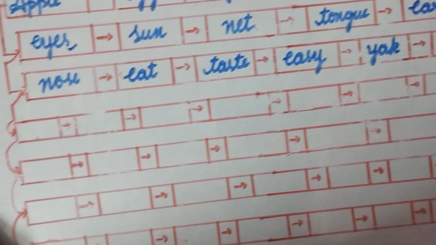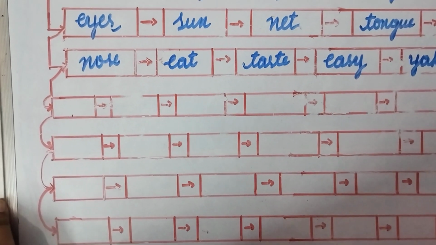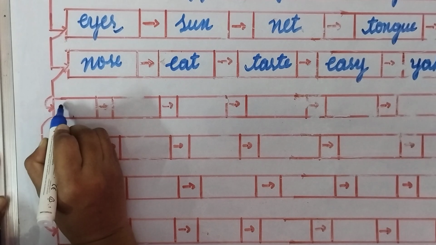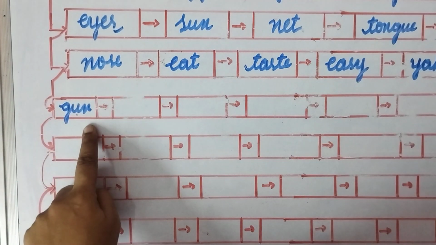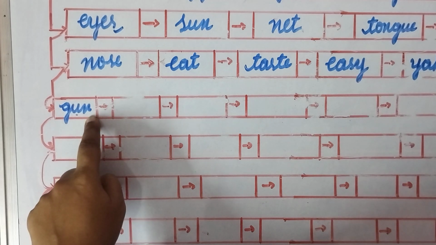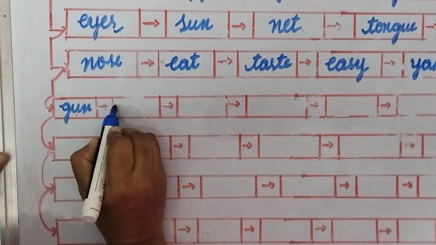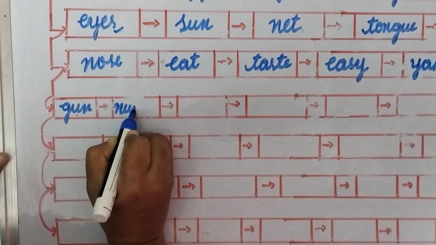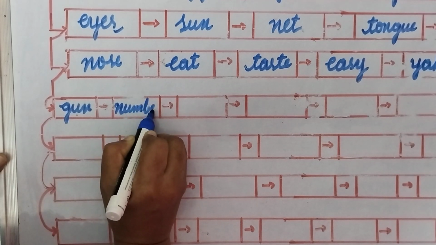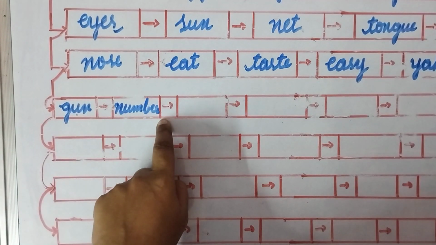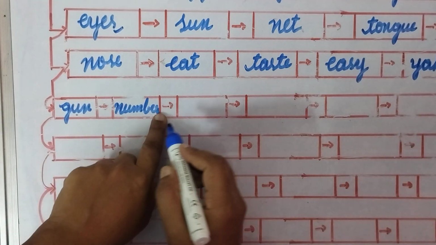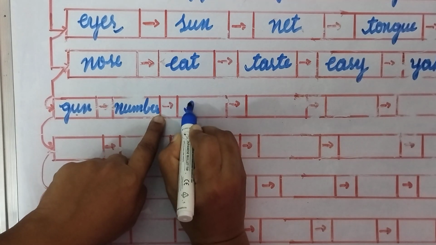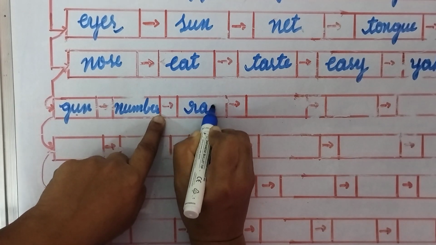The last letter is again G. G for gun, G-U-N, gun. Next N. N for number, N-U-M-B-E-R, number. The last letter is R. R for rat, R-A-T, rat.